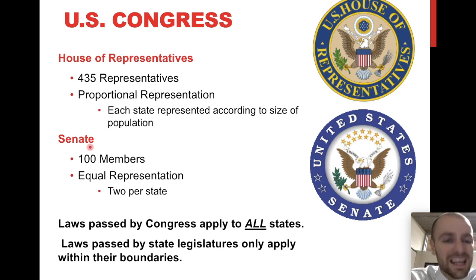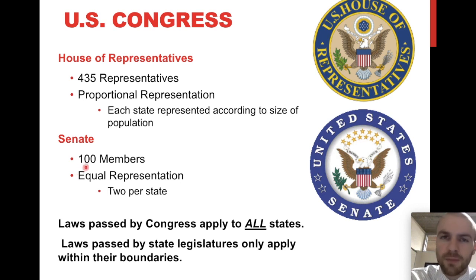The Senate, on the other hand, is not based on proportional representation. The Senate has 100 members that are based on equal representation. Now, if you think about this term, equal representation, every state gets 2. We have 50 states in the nation, so therefore 50 times 2 equals 100.